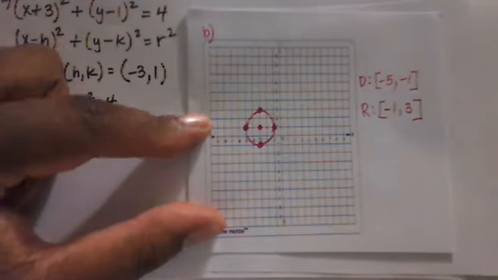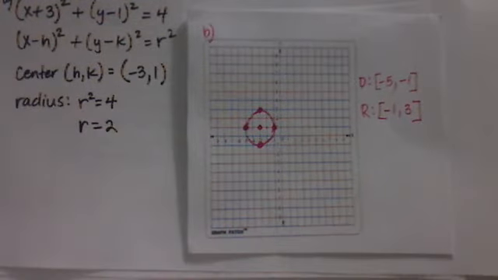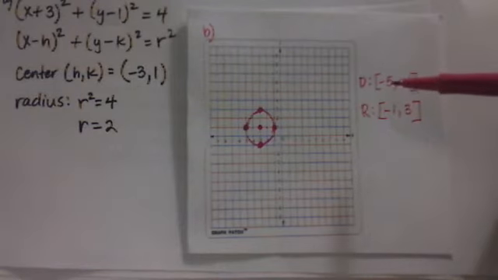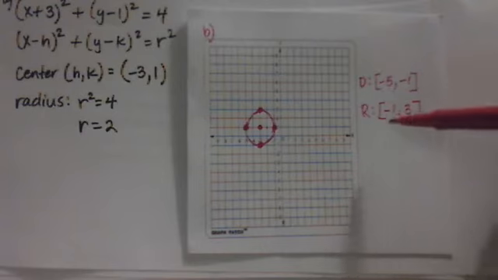And I'm using brackets just so I can show you that those points are included. So the domain is the interval from -5 to -1 inclusive, and the range is from -1 to 3 also inclusive.